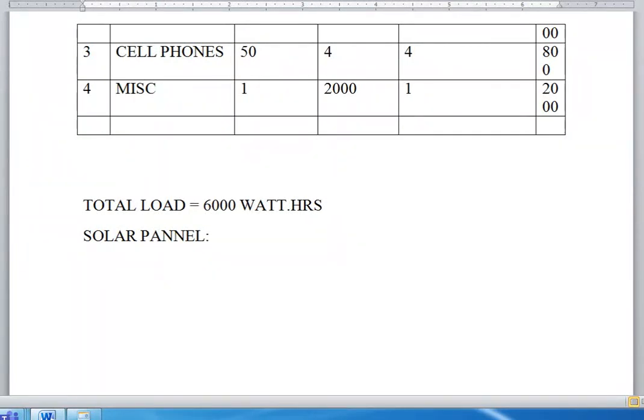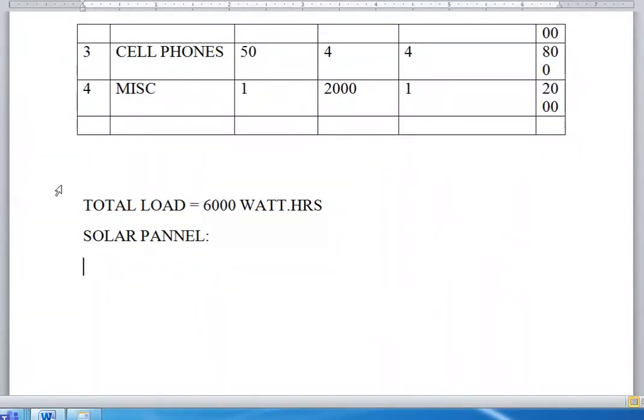Now, how many solar panels you are going to purchase is very important, and which type of solar panel: 100 watts, 200 watts, 300 watts, 400 watts. Based on that, you are going to design it.